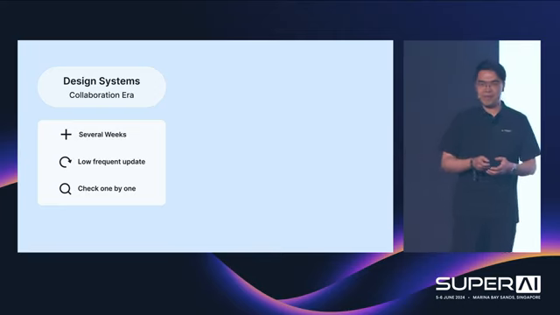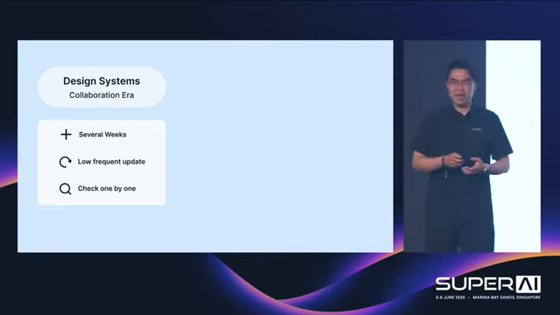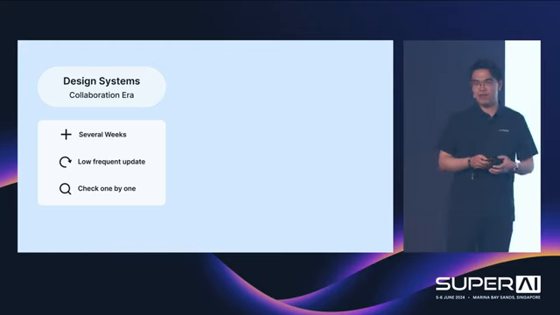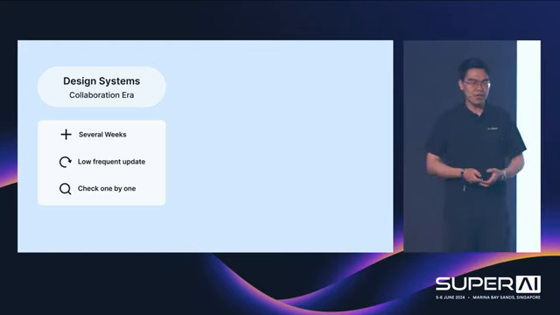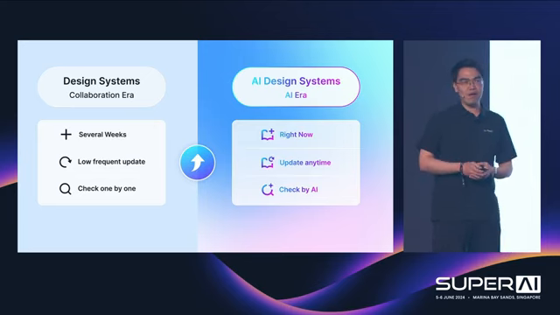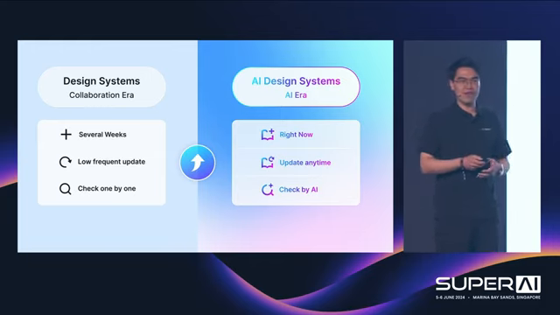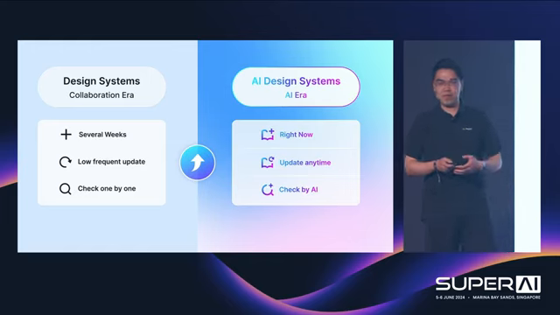There is still much work in practicing design systems, and this work is long and tedious. So in the AI era, what Motif is doing is hoping AI can assist design teams to get rid of this tedious work and get back to more valuable things, like the real design.